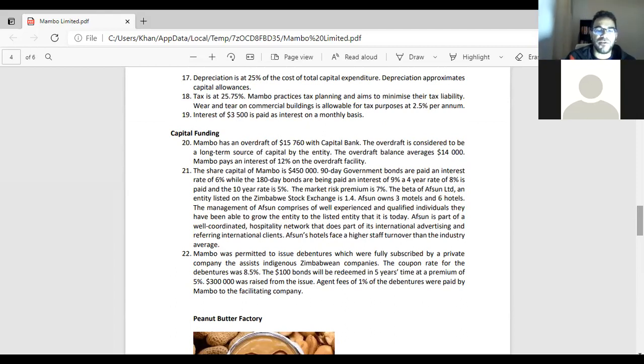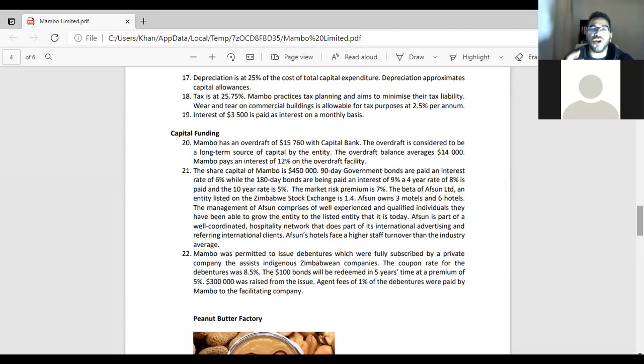Okay, so what you have to understand is, if any source of finance funds short-term items or is part of your working capital or your operations, then it is not a long-term source of finance. So a bank overdraft is generally used for short-term financing, for working capital, for operations.